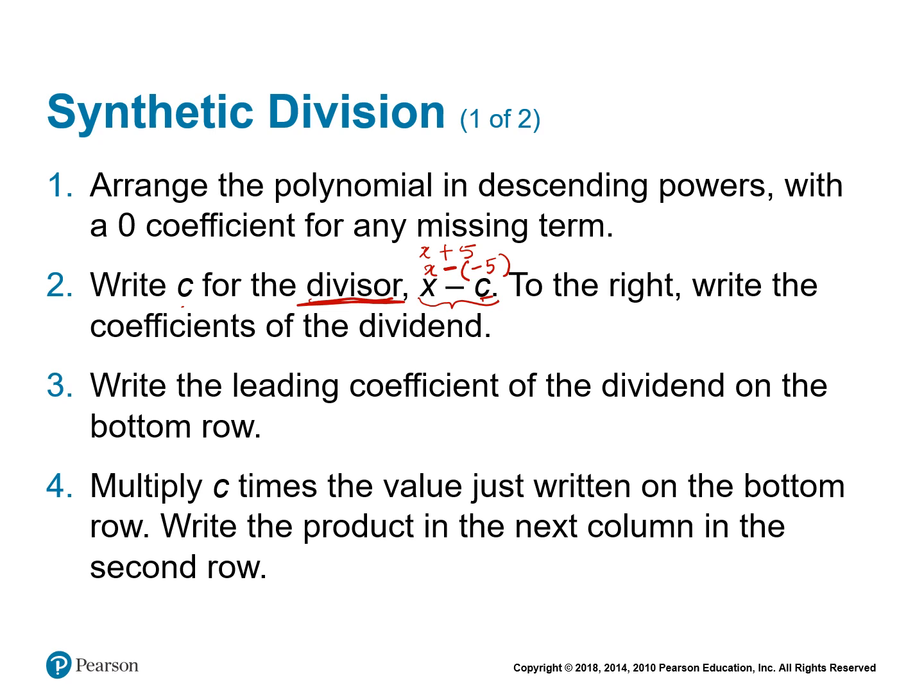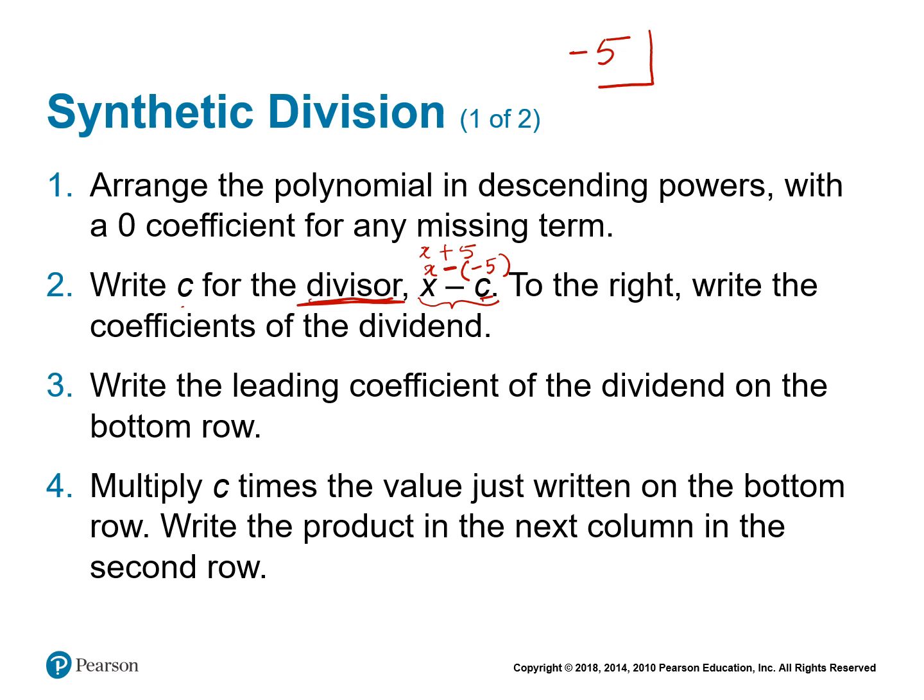So it says write c for the divisor x minus c. So I'm going to write minus 5 on the extreme left hand side, separated by the synthetic division symbol, and then it says to the right, write the coefficients of the dividend.